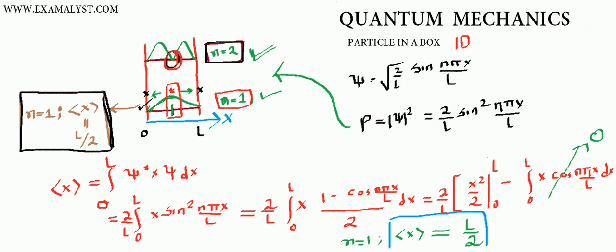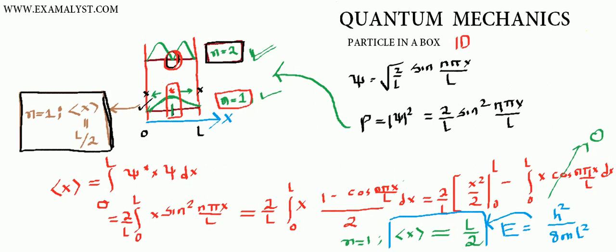N equals to 1 state means when the electron in the box has the energy of only h square by 8 m L square. Whenever the electron has this energy, it is in the state of n equals to 1. It means if the electron is kept at this energy in the ground state, then most of the time the electron will be found at L by 2.